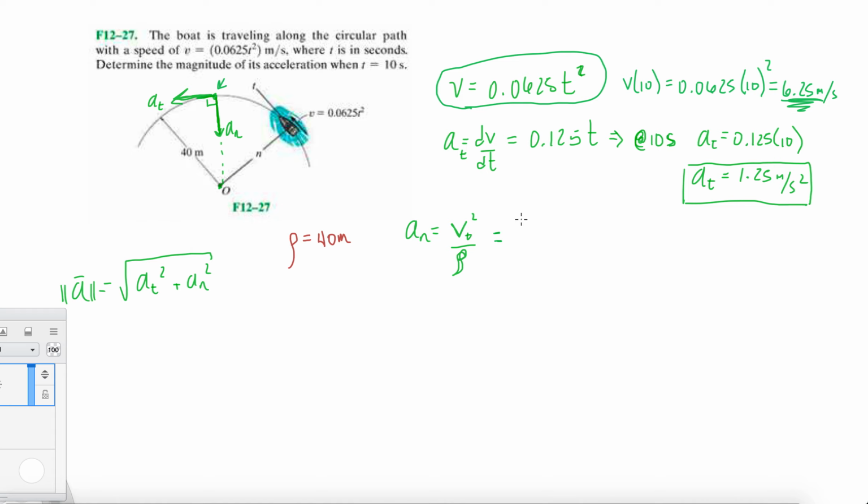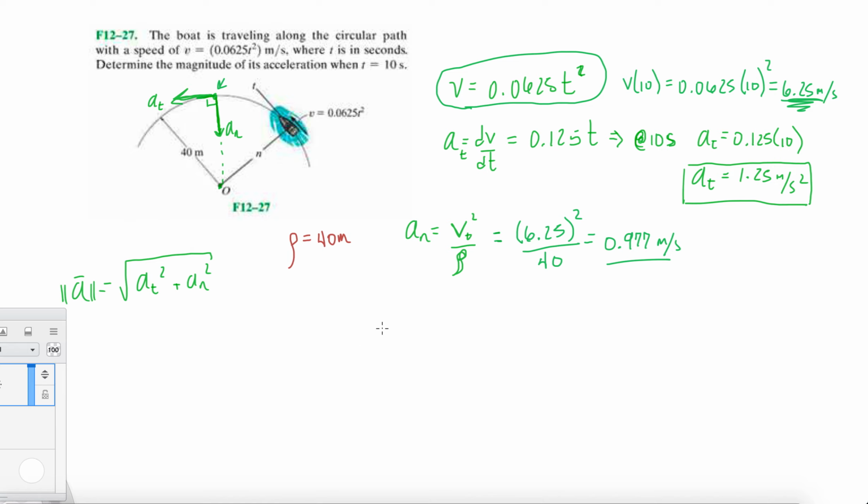We plug that in here: 6.25 squared divided by the radius of curvature, which is 40. And from there we get 0.977 meters per second squared.